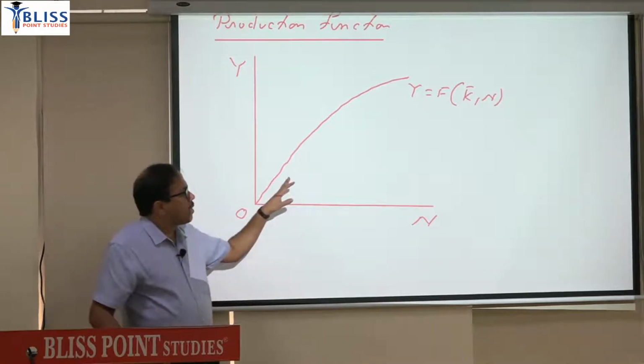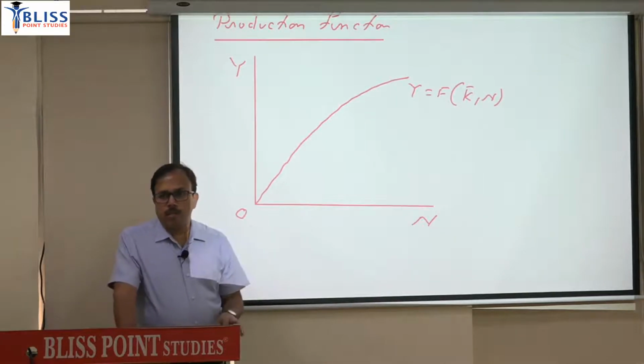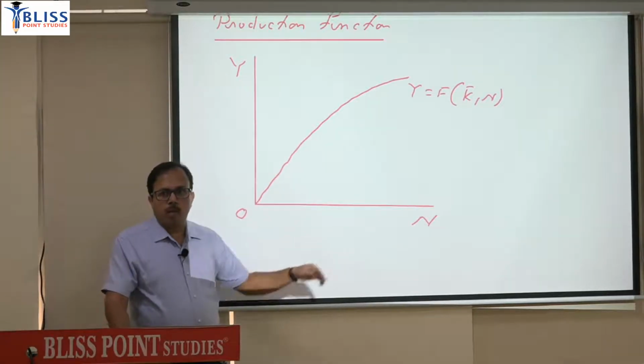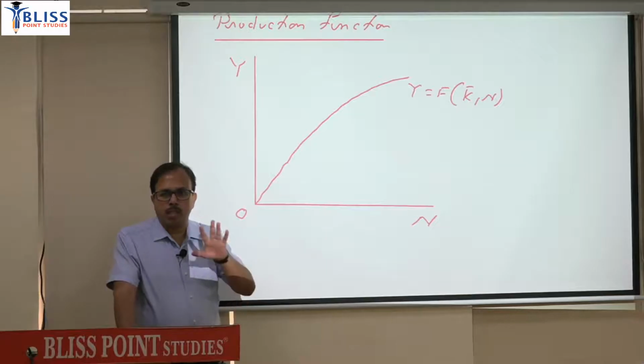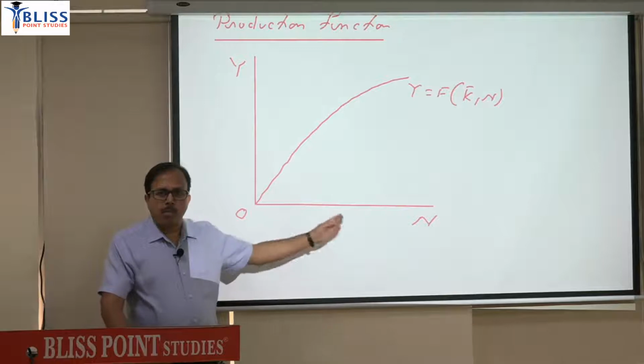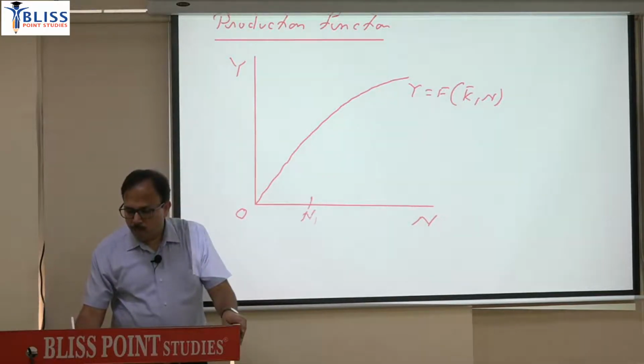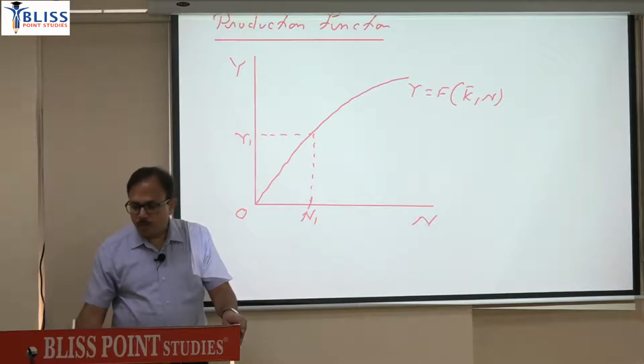So what is this production function or what is this curve representing? A relationship between what? Output and employment. So how much is output? If I say how much is output, so you will simply say the output depends upon what? Employment. If employment will be N1, then corresponding to that employment, output will be Y1. If employment is N2, then corresponding to that employment, output will be Y2.